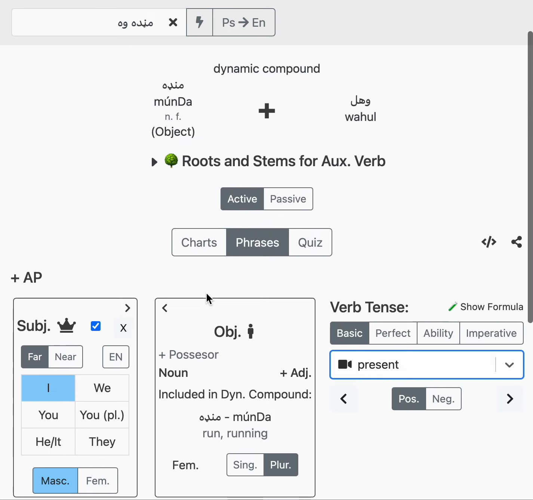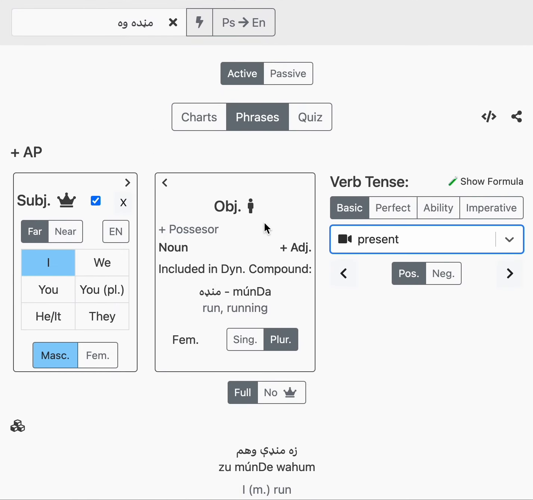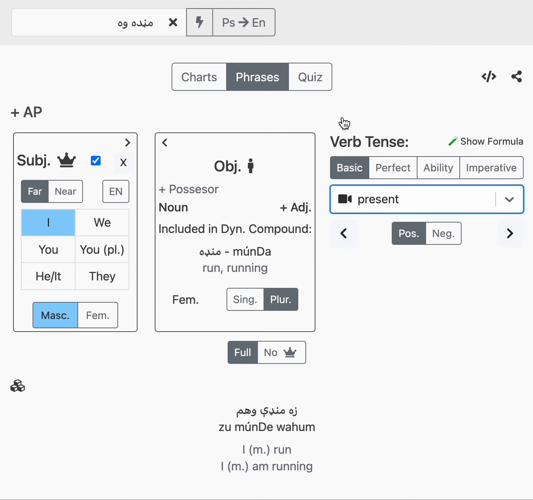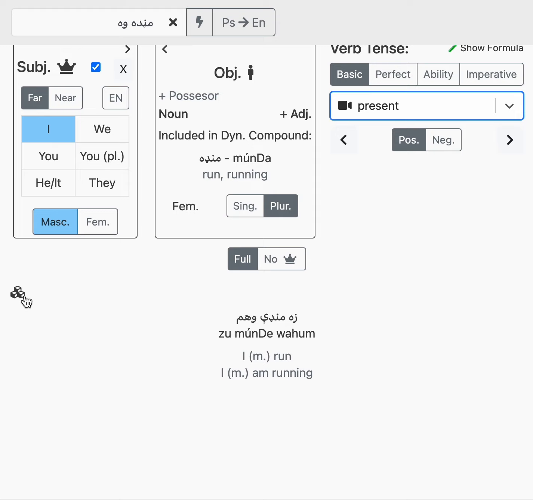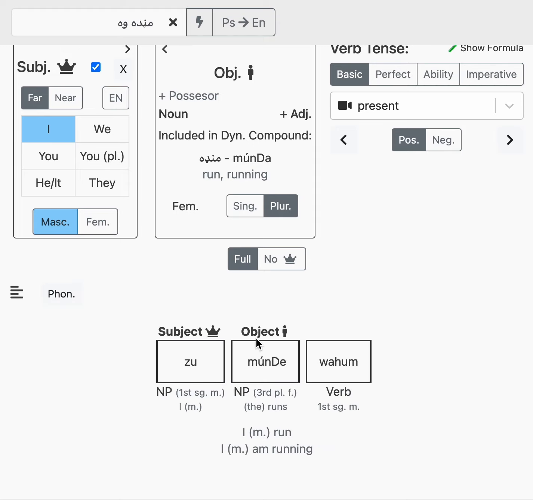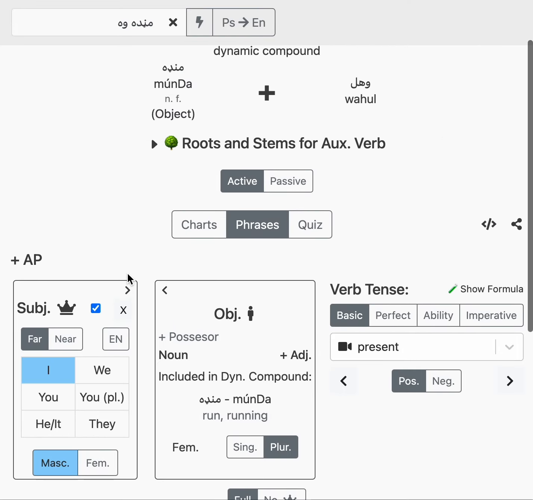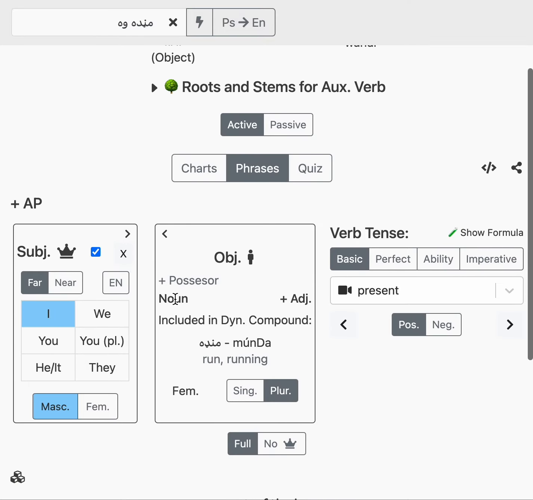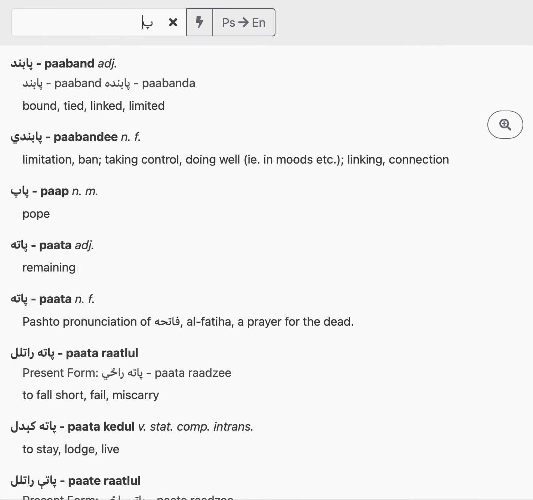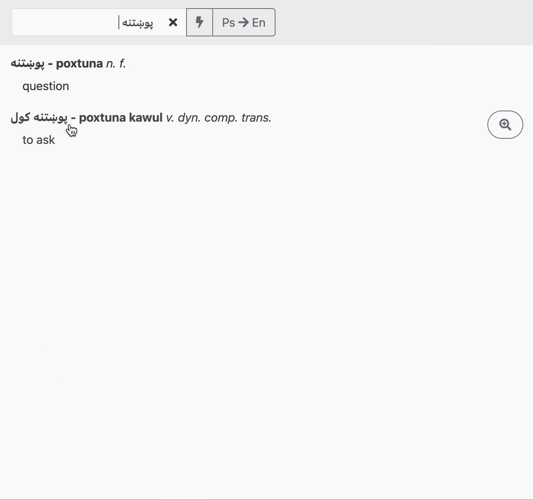So another thing to note about these dynamic compounds, just to review, is that they just bring their own object into the sentence, and then in the sentence, this just behaves as a regular object block. But it's brought in with the verb, and you have to use that object of the verb, which kind of brings us to an interesting situation when you say something like pochtana kawal.